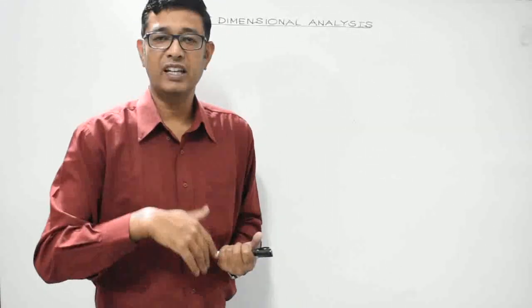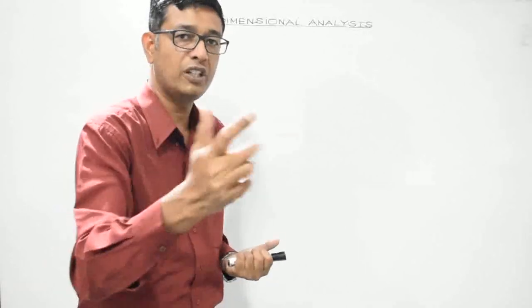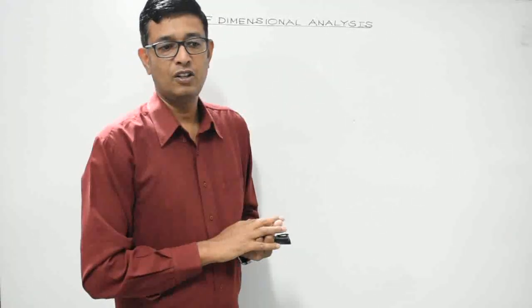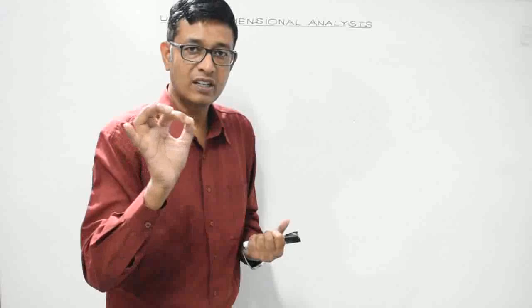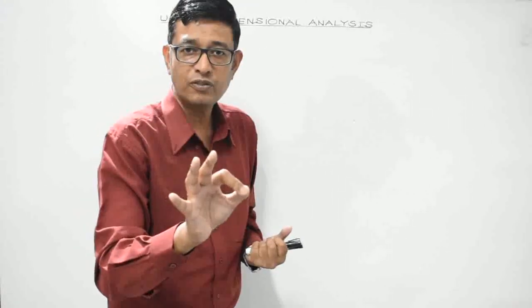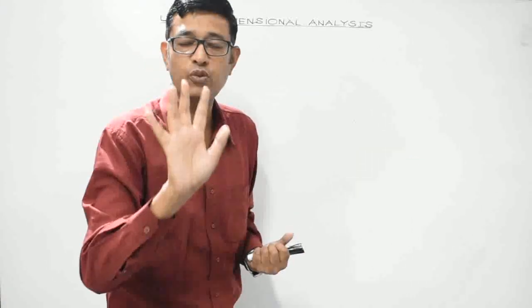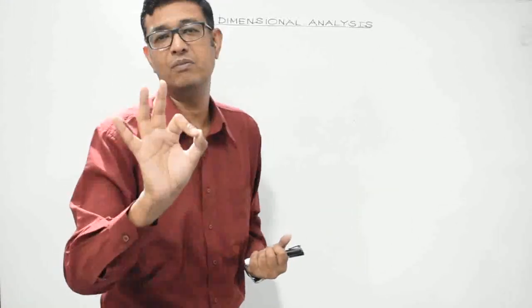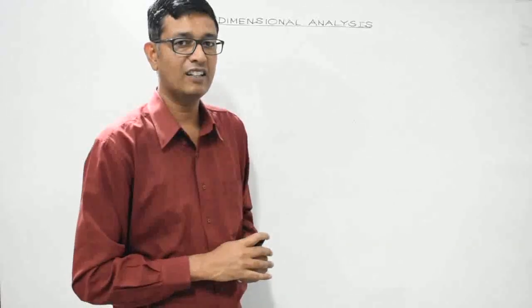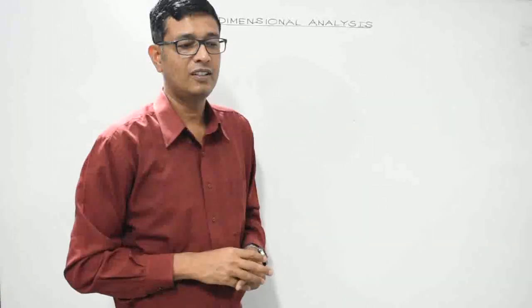And here I must again mention the principle of homogeneity of dimensions. For a given formula to be dimensionally correct, the dimensions of each and every term on either side of the equation must be same, it must be constant, right? So that was the first use.